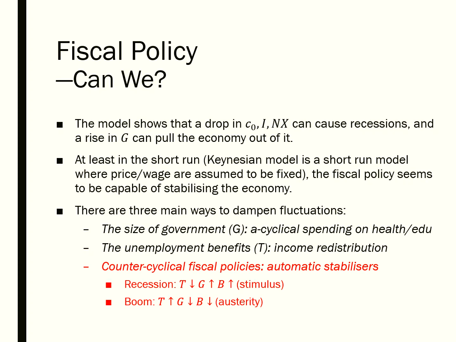The only part that is feasible to stabilize the economy is the automatic stabilizers. This is the component of fiscal policies that can change the economy in recessions and in booms. For example, when you're in recession, the government will decrease taxes, increase spending and increase the government bond.